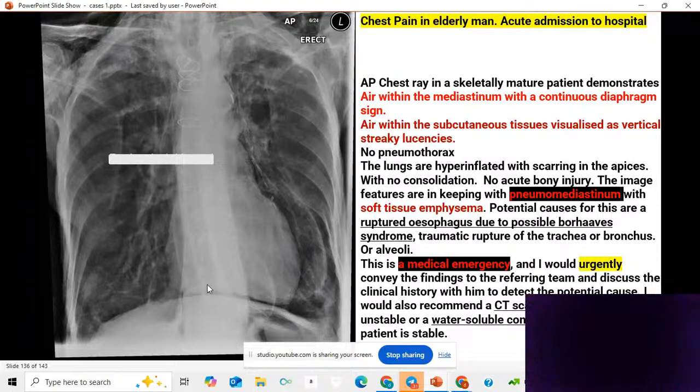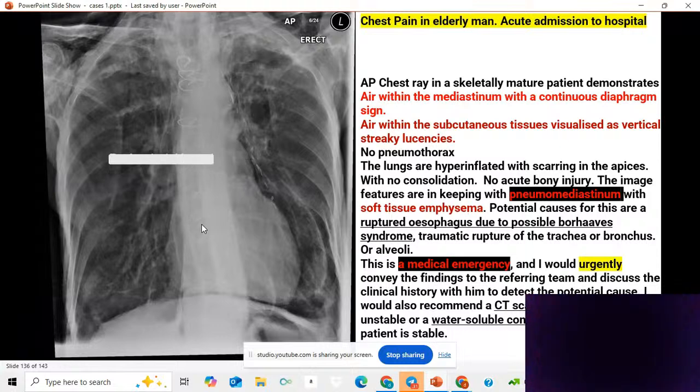This continuous diaphragm sign is pathognomonic for pneumomediastinum. Once you see pneumomediastinum, you need to consider esophageal rupture as the most likely potential cause.